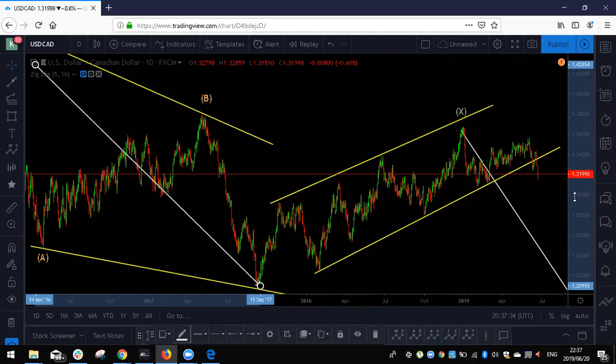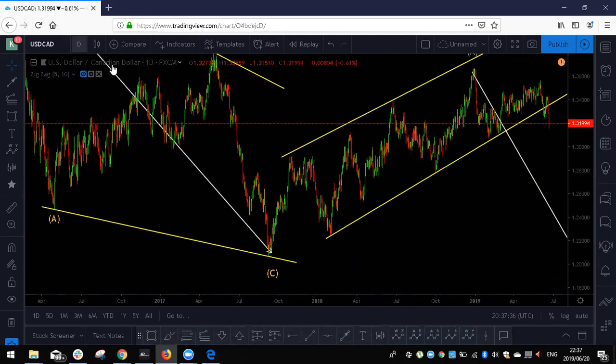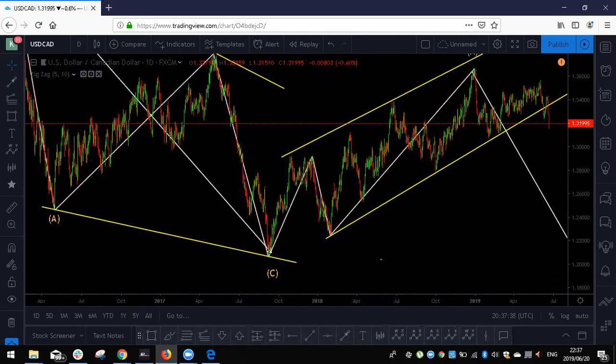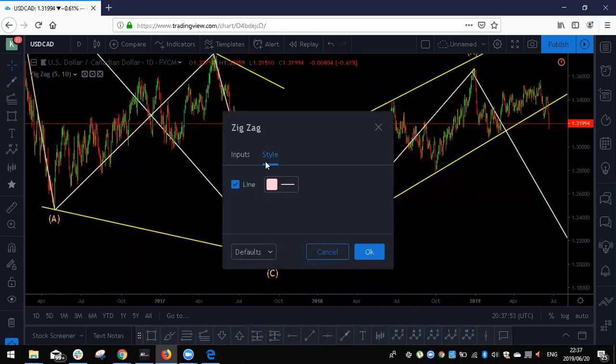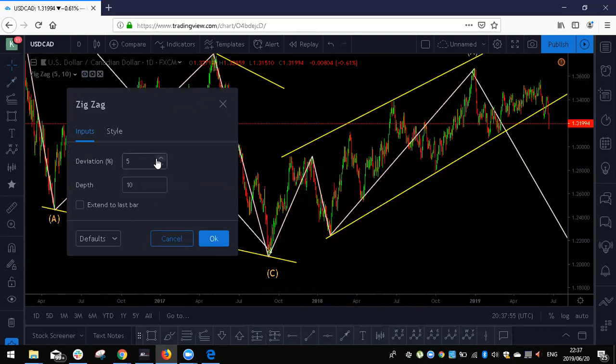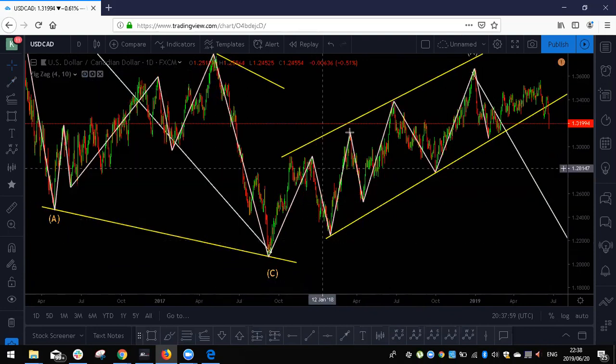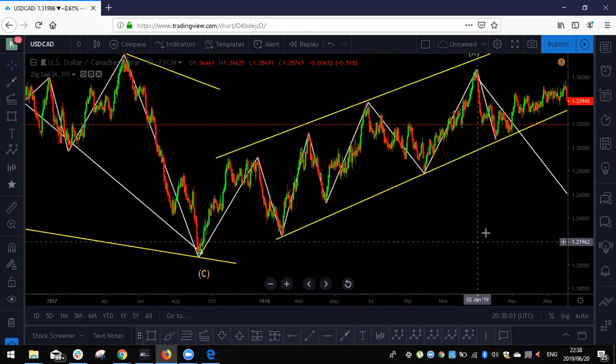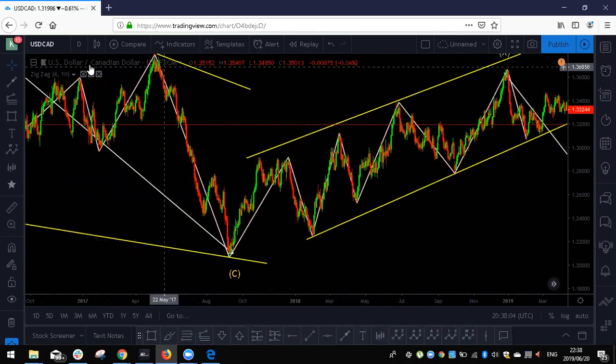So let me put back the zigzag. Since we're counting the inner move, you see our zigzag is ignoring all this move. So we can just change the period of the indicators, because indicators you need to adjust a bit. You see now it's showing me it's going even deeper in the structure.